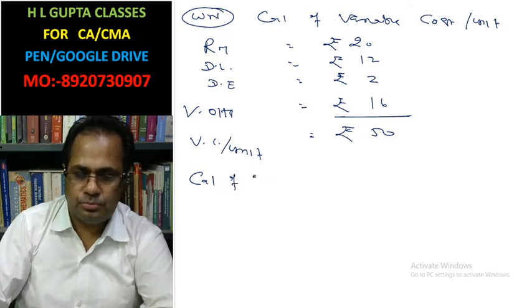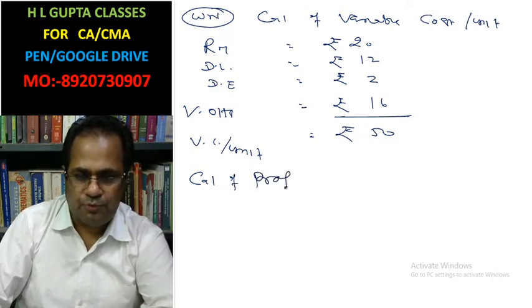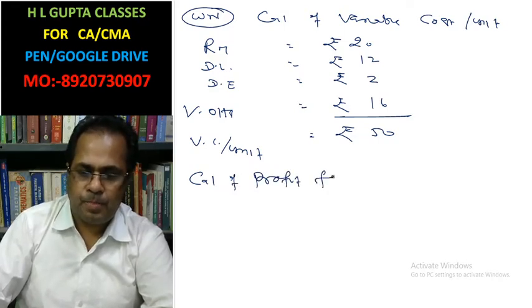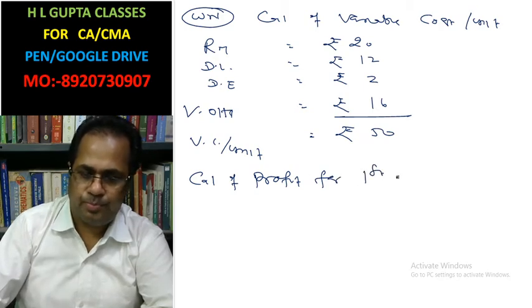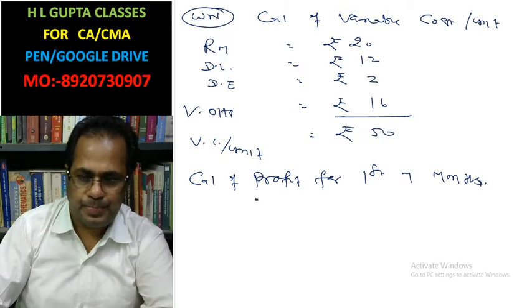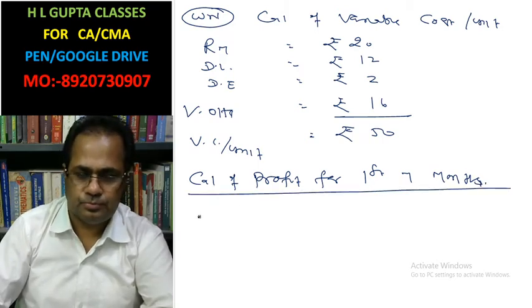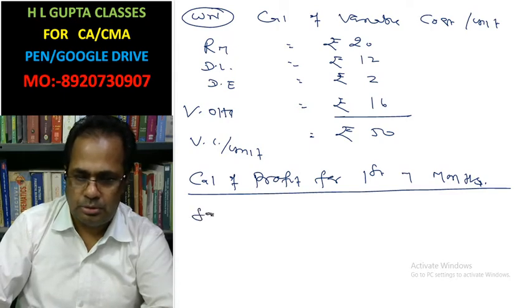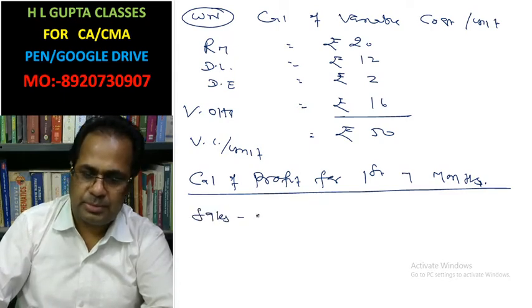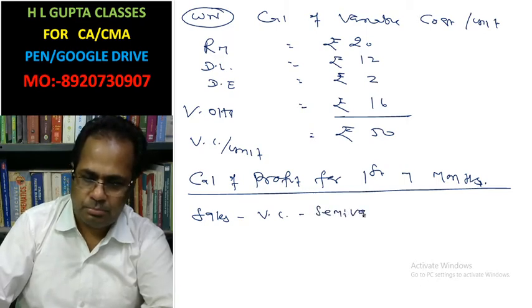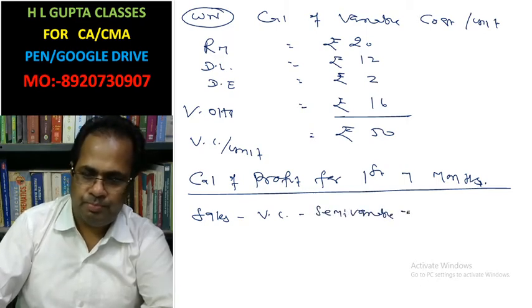Calculation of profit for the first 7 months. Profit is sales minus variable cost minus semi-variable cost minus fixed cost.